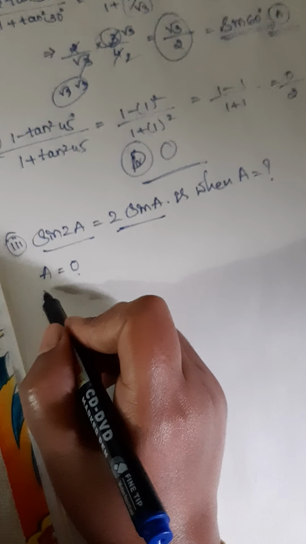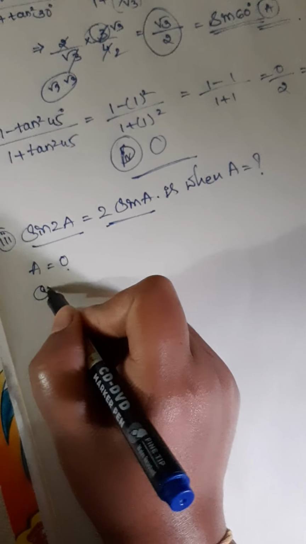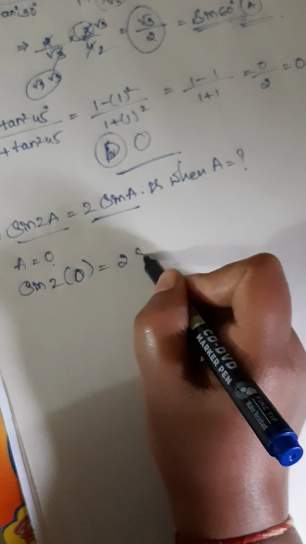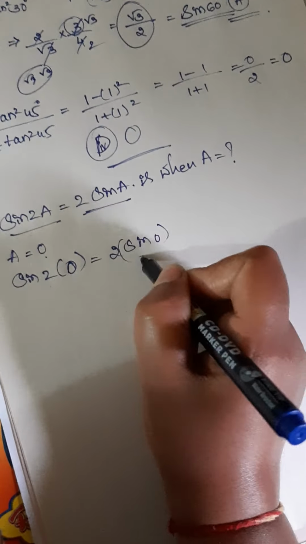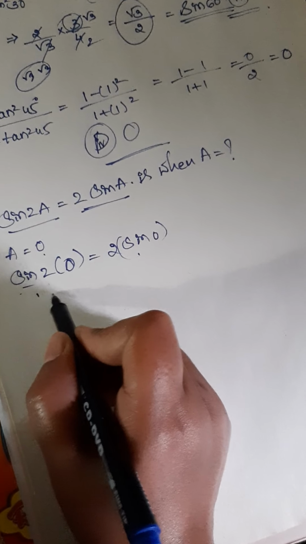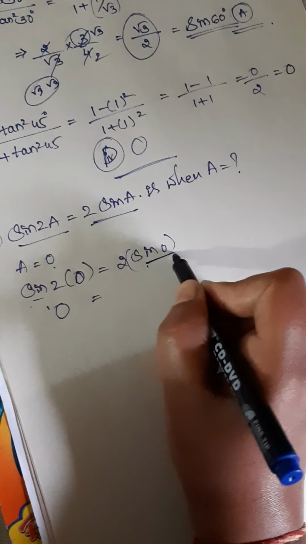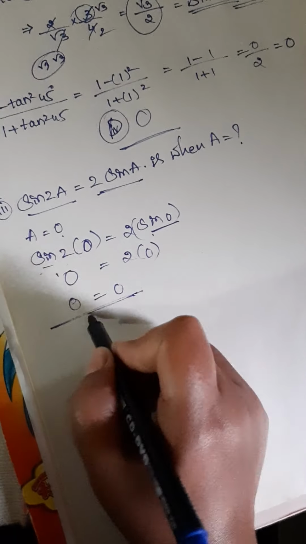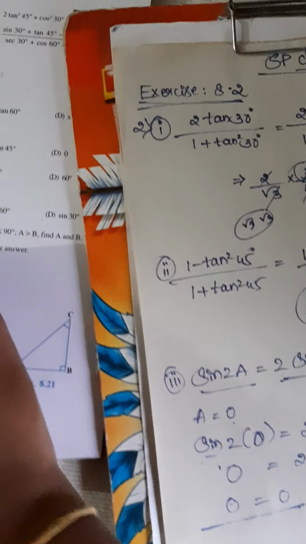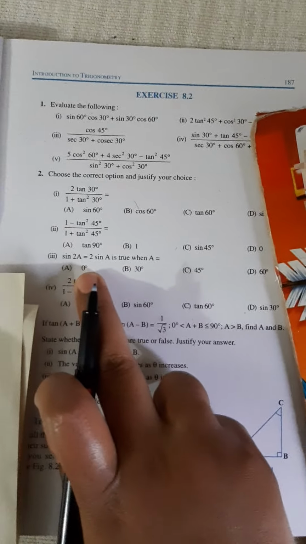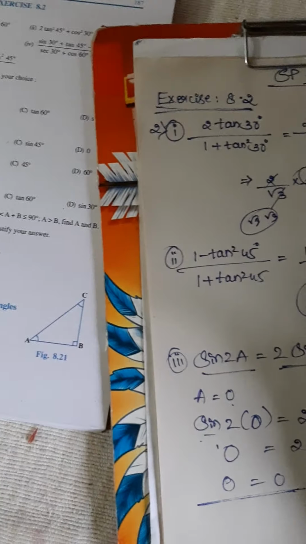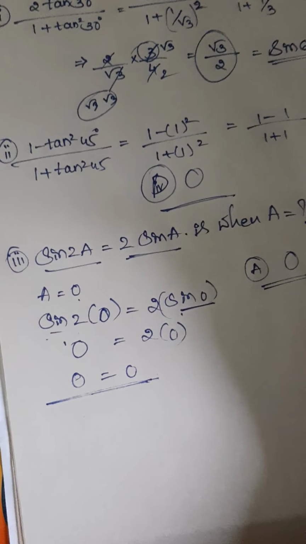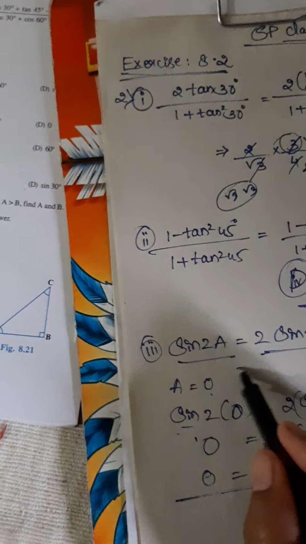So for that, sin 2 times 0 is equal to 2 sin 0. Sin 0 is 0, so 2 into 0 is obviously 0, and 0 is equal to 0. So in this case, when a is 0 degree, the first option is correct. The remaining ones we won't get equal.